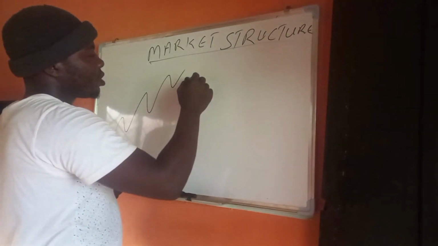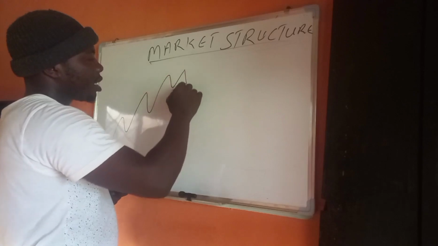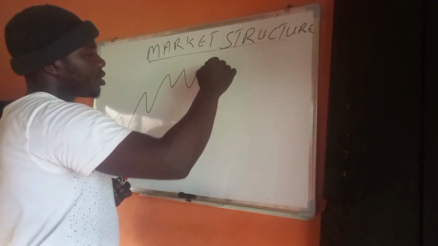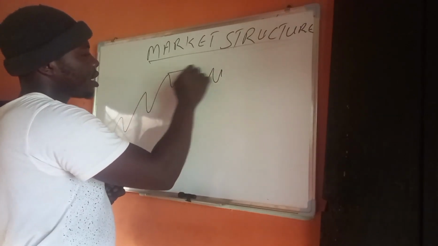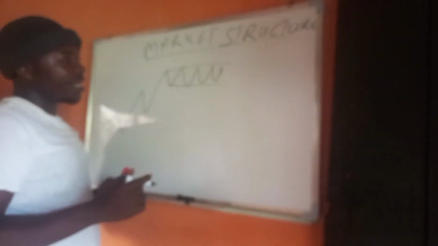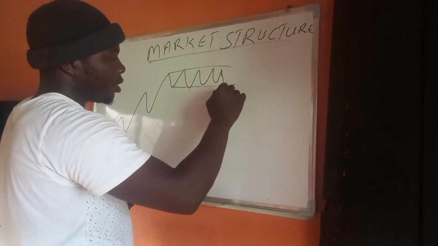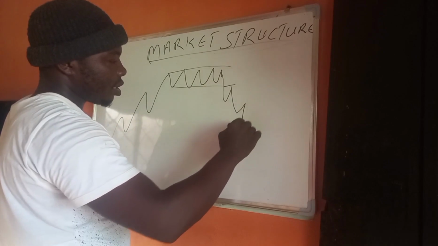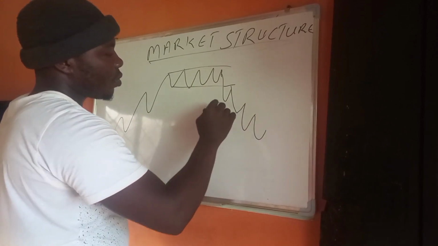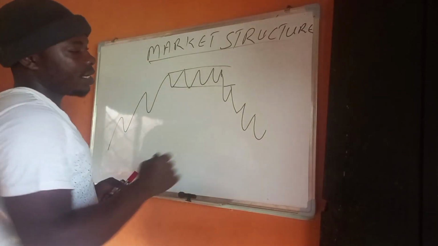We also have this one, when the market starts behaving like this, we regard it as the market in a straight line, a ranging market. And when the market starts behaving like this, we regard it as the market in a downtrend.